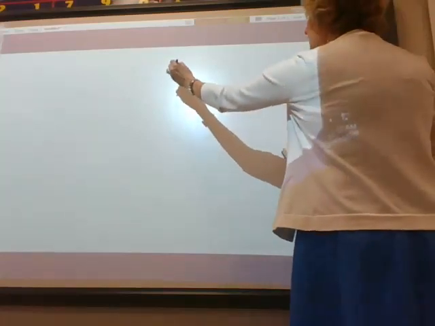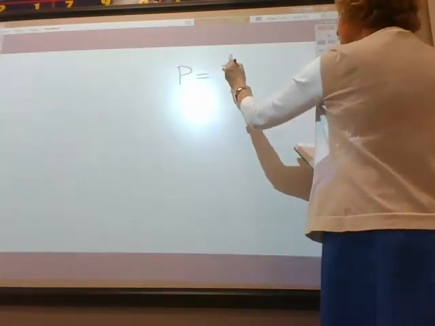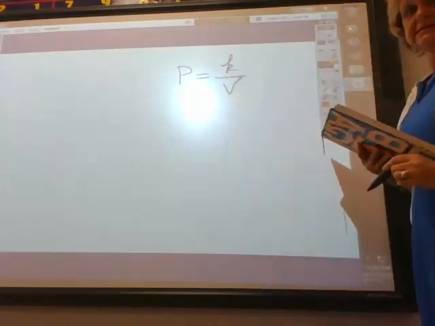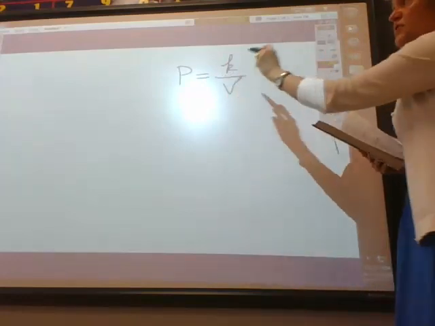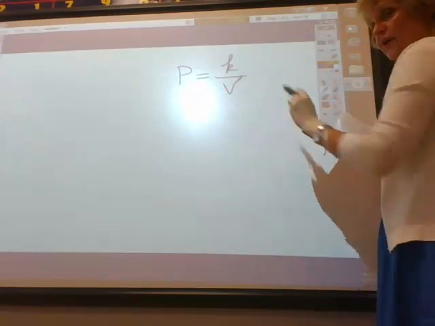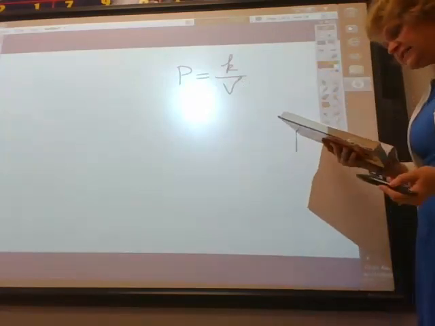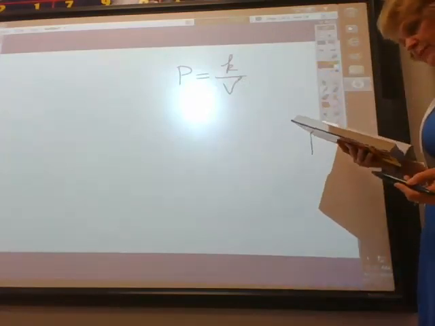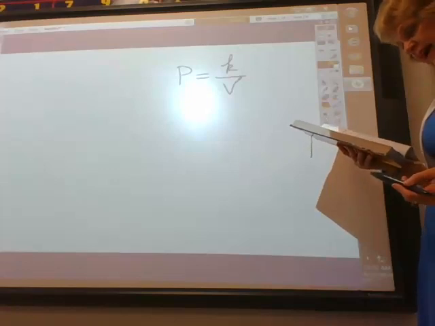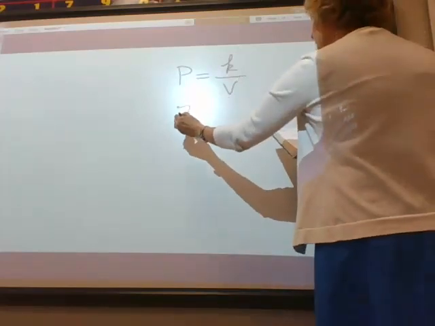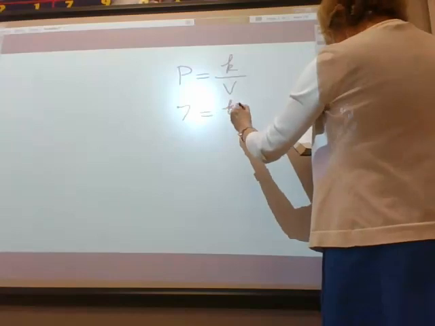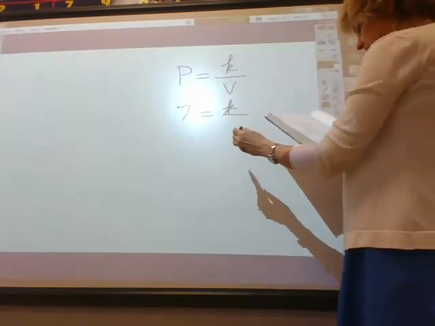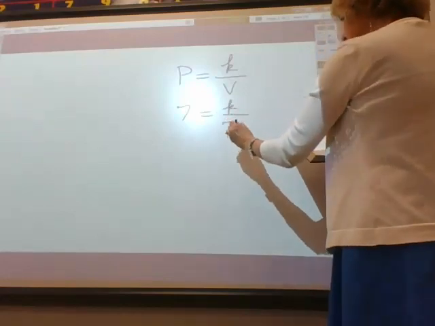So when I hear that varies inversely, I know that I'm going to write it like this. Okay? So pressure varies inversely as volume. All right, let's plug in numbers. So when the pressure of a quantity of a gas is 7 pascals, let me put 7 right there, then in that case, the volume is 75 liters.